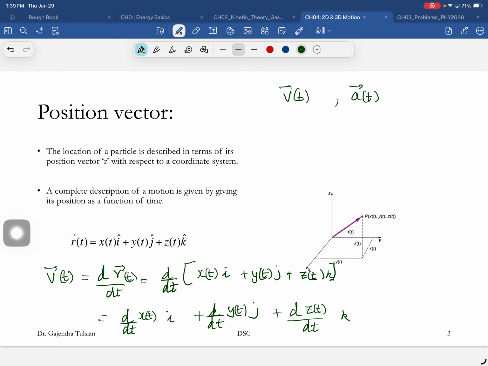What do you think we should call this? That's the x component of your velocity.